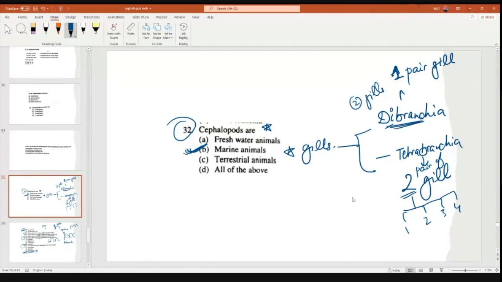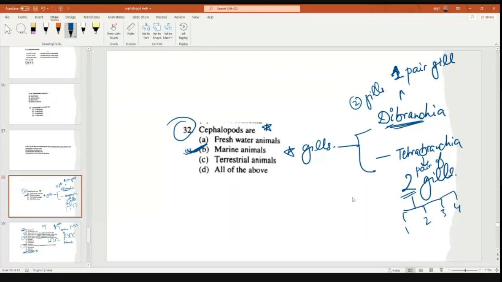So cephalopods also have subdivisions on the basis of the number of gills, right? You have to remember, if you get a match the following with dibranchia and tetrabranchia, you have to understand dibranchia means one pair of gills, and tetrabranchia means two pairs of gills.